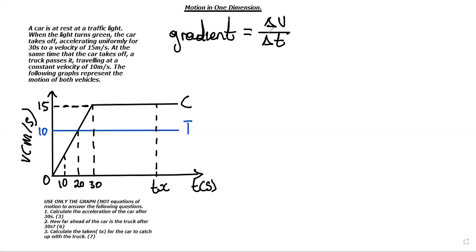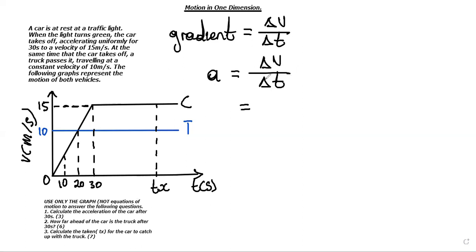Then calculate the value of the gradient and then conclude, say, therefore the acceleration is this much. But alternatively, you could have went straight to the definition of acceleration and say acceleration is the rate of change in velocity. So both of these are equally correct.